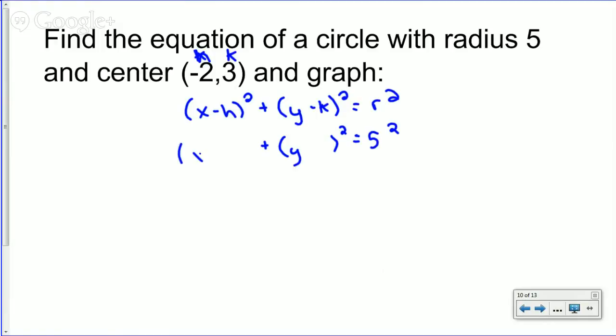So I've got x minus a -2, which is plus 2 squared. And you have y minus 3 squared equals 5 squared, which reduces to 25. So this is standard.